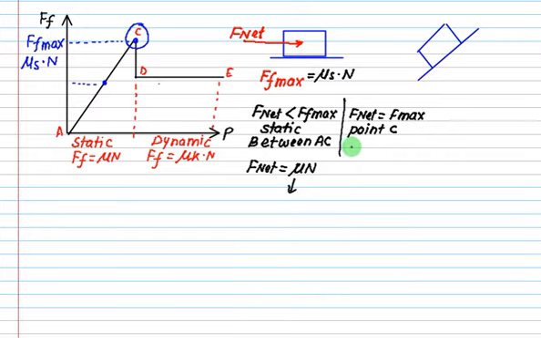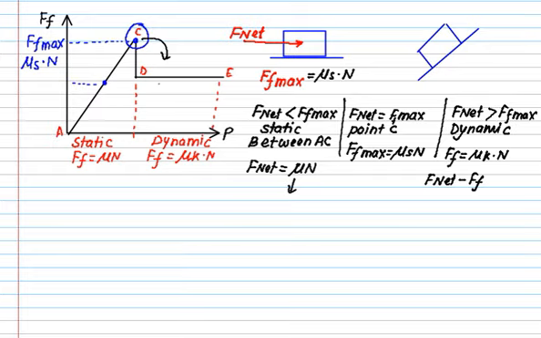And for this case, F max is equal to mu s times N. And in the third case, if F net is greater than F max, it means you have crossed this limit. If you have crossed this one, F net minus friction is equal to ma.